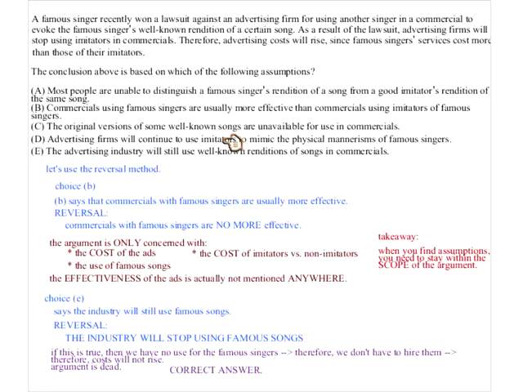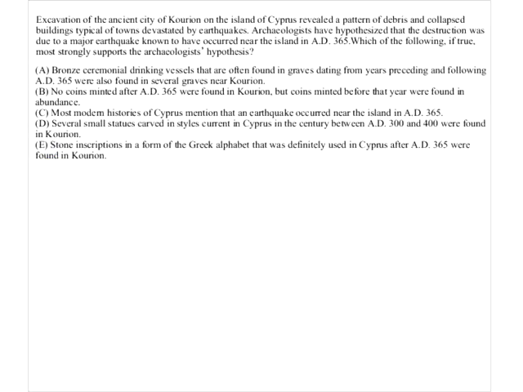Okay, all right, let's look at a different type of question now. Let's turn our attention to strengthen and weaken type questions. In particular, let me just throw one on the board. All right, try your hand. This problem is from GMAT Prep software.